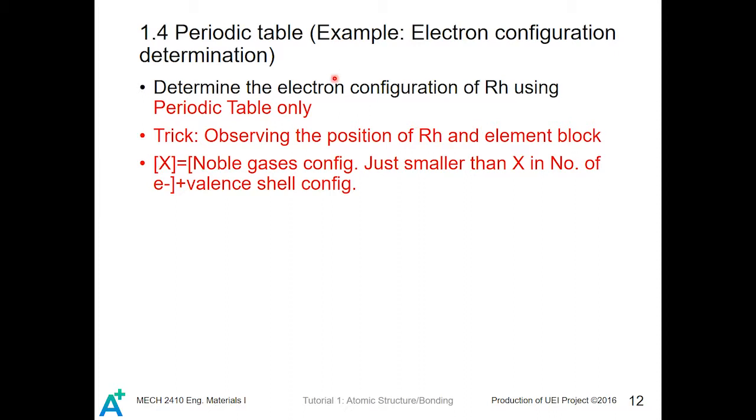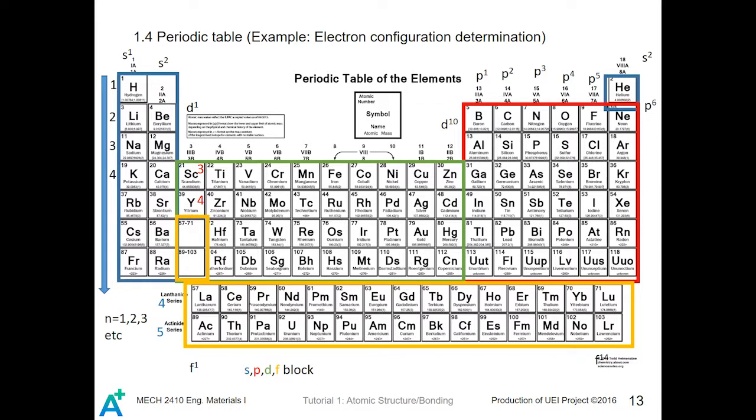For any element within the periodic table, X is equal to the noble gas configuration just smaller than X in terms of number of electrons, or which is also equal in terms of the atomic number, plus the valence shell configuration. The valence shell configuration, as I just said, you can determine using which block the element is in on the periodic table.